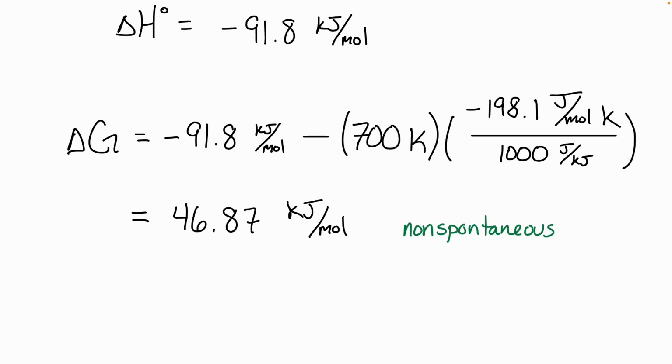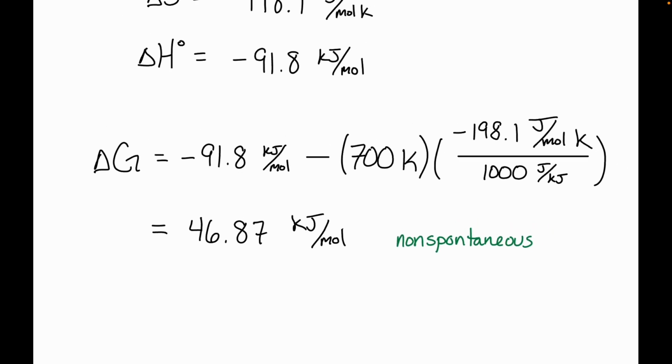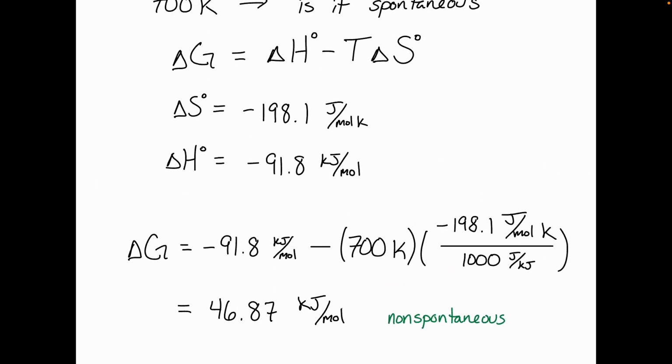It is now non-spontaneous. All right, again, because of this push-pull between these two terms, between my enthalpy value and my entropy value, when I get to a high enough temperature, this term will dominate and this reaction is no longer favorable.